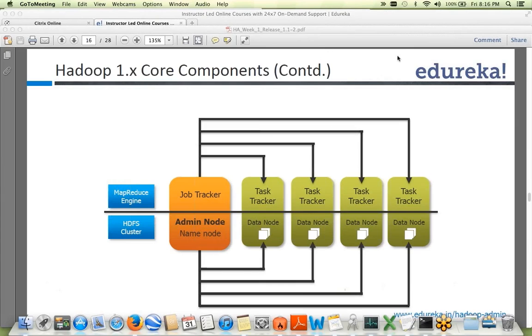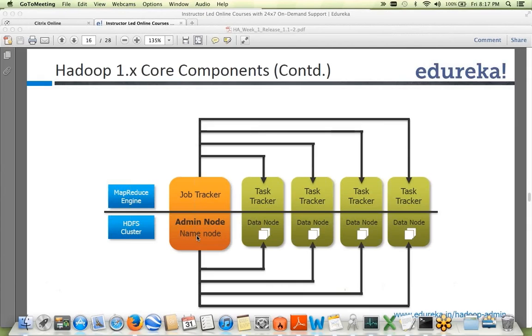So Ravindranath has a question that job tracker is executed on memory. Yes. So both name node as well as job tracker are memory intensive processes. If you have a bigger cluster, people will always have more RAM and more heap allocated to name node and job tracker.